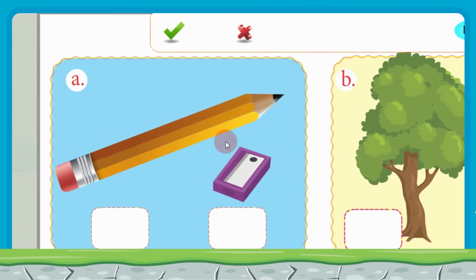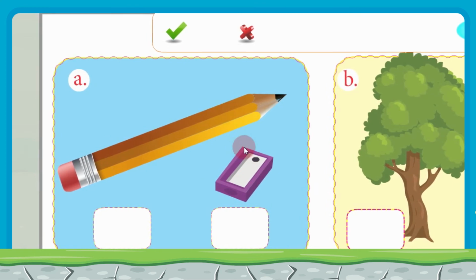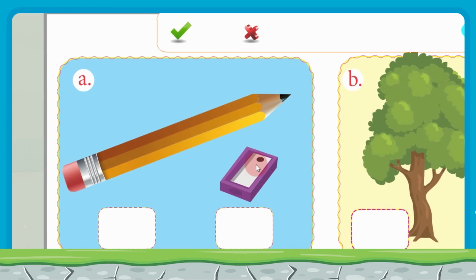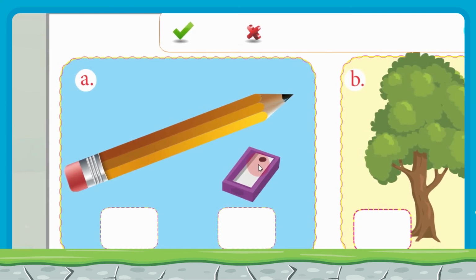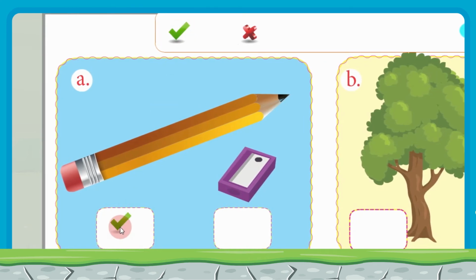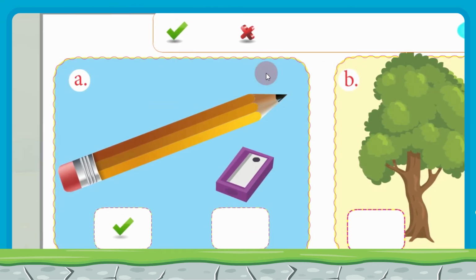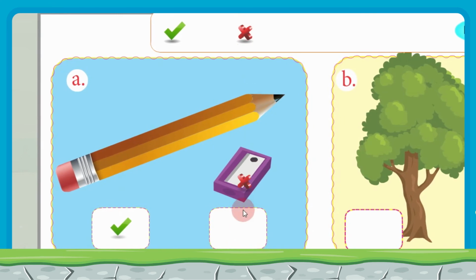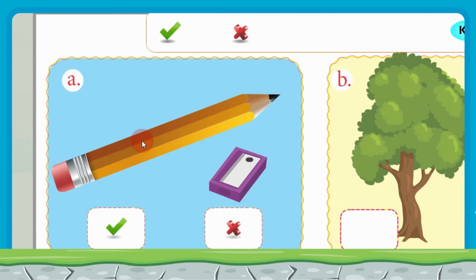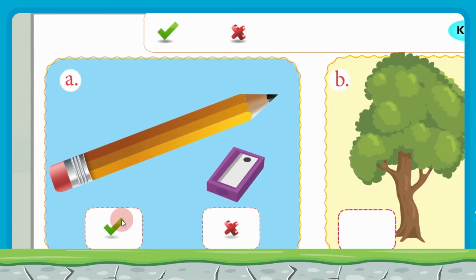In these two, which one is the taller? Yes, the pencil is taller and the sharpener is shorter. So, we will tick the one which is taller and cross the one which is shorter. The sharpener is short, so cross. Pencil is tall, so tick.